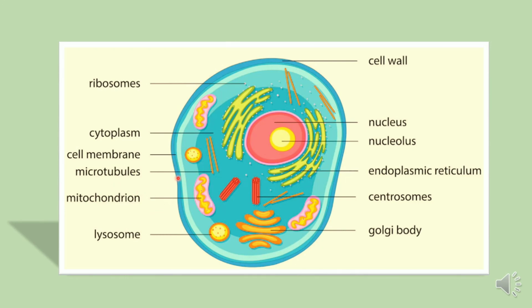Mitochondria is known as the powerhouse of the cell and it produces ATP, which is known as the energy currency of the cell. Mitochondria contain an outer membrane and inner membrane, and in between they have intramembranous space. Mitochondria contain matrix and it also contains DNA, ribosomes and granules.